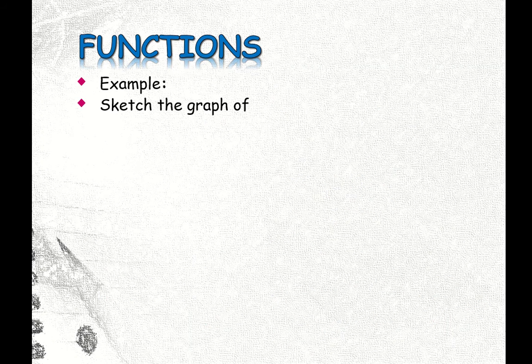Now, for example, sketch the graph of the function f of x equal to 1 over x. How are we going to graph this function? As mentioned in the previous part of our review of functions, to graph a function, the best way is to tabulate values.